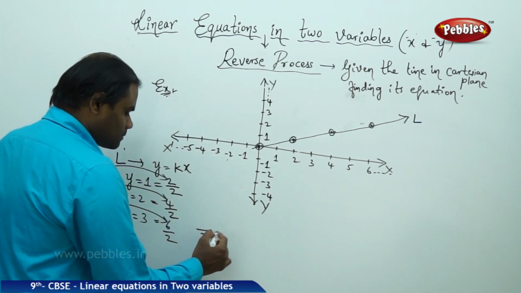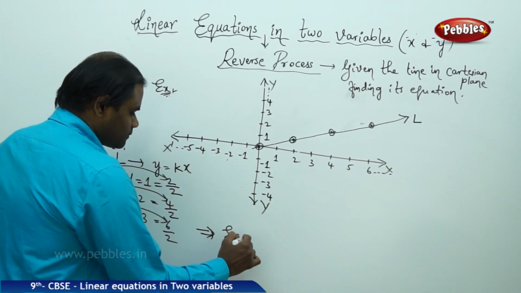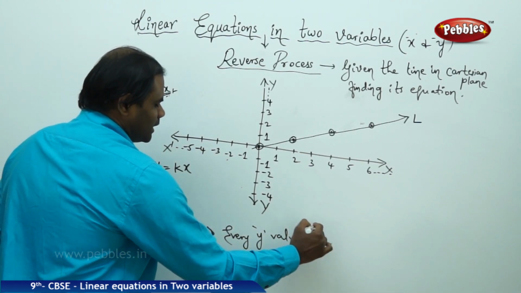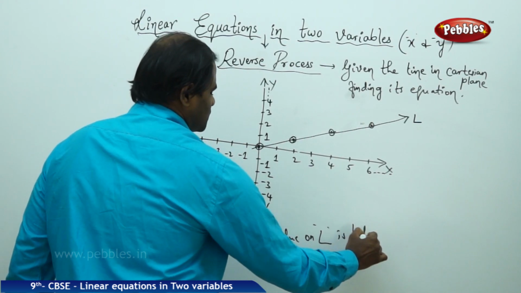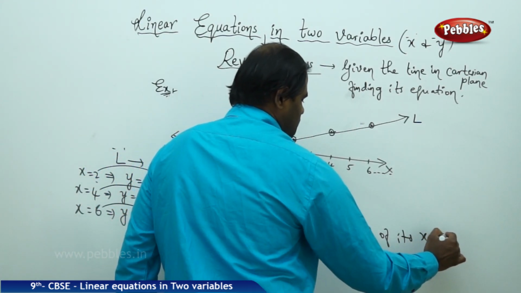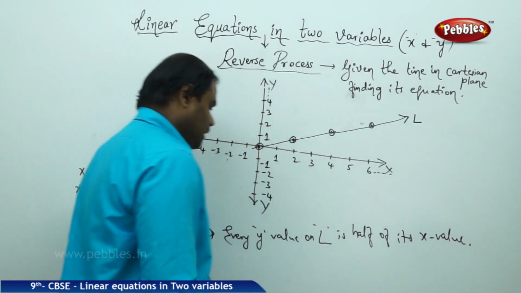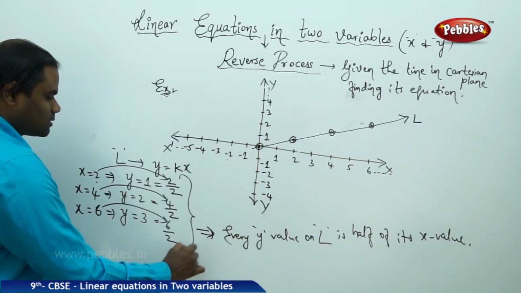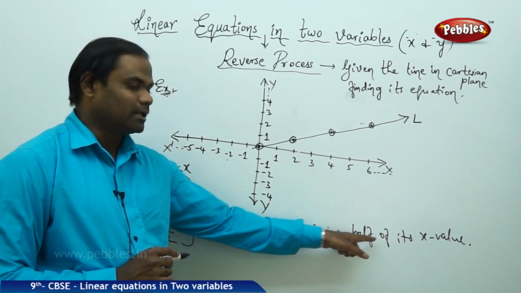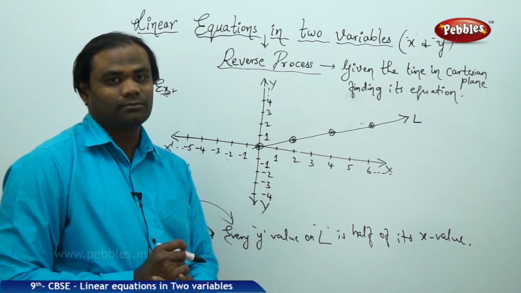That implies every y value on L is half of its x value, as clearly seen in this investigation, which shows every y value on line L is half of its x value.